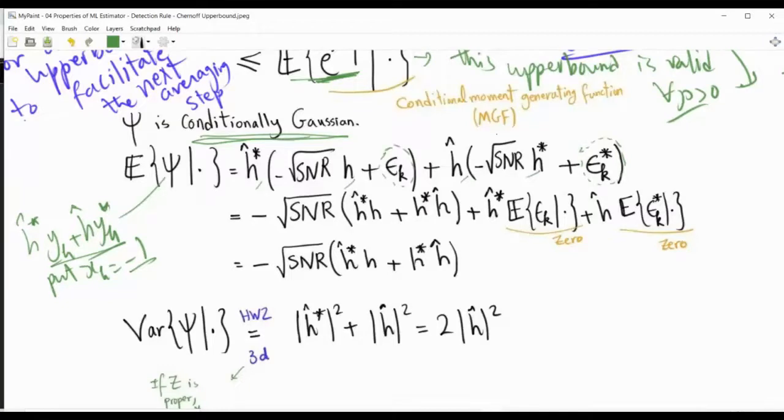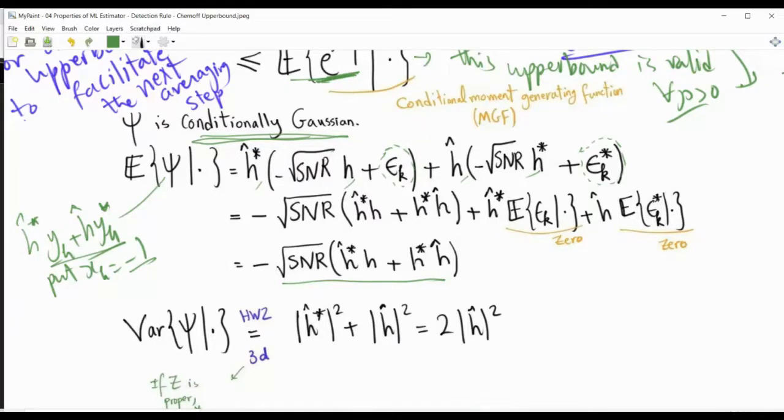And so psi is conditionally Gaussian. The idea now is, what is its mean, its first moment, and what is its variance? When you take the mean, those noise components are zero mean, and so this is the mean value, conditional on h hat and that xk is equal to -1. And what is the variance?